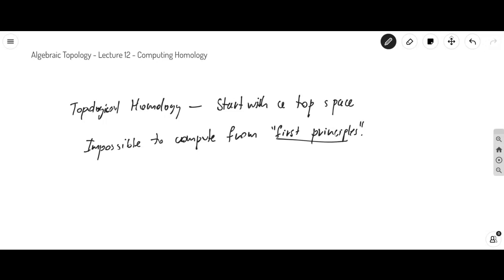The reason for this is the way you define homology. This is just a very quick review. Let's say you want to find the nth homology group of a space.